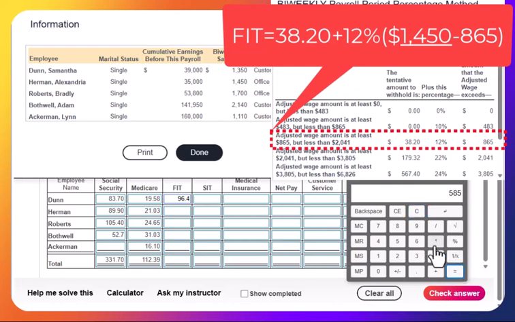Multiply that then by the 12% for $70.20. But then we're going to have to, of course, add the $38.20. For a total of $108.40 for the federal income tax for Herman. Go ahead and enter that through.